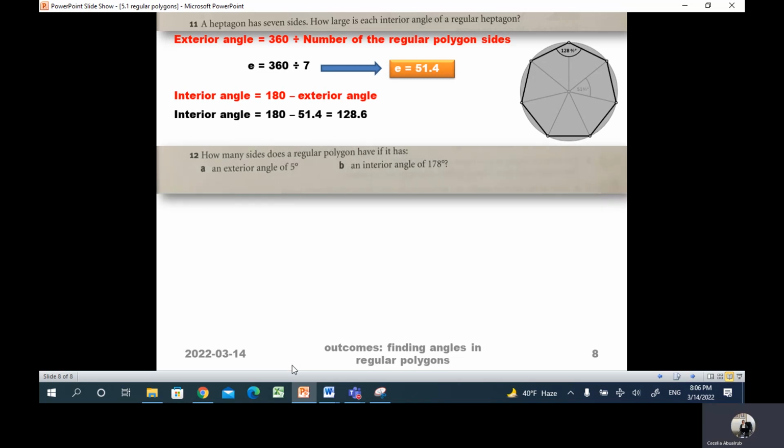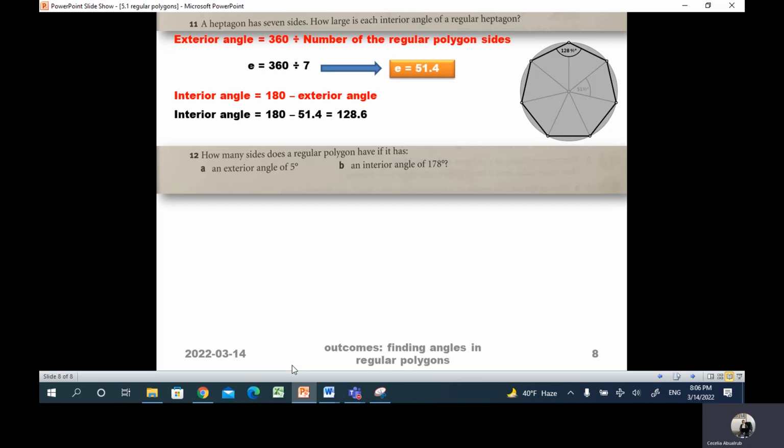Okay, how many sides does a regular polygon have if it has an exterior angle of 5? So regular polygon, it means that the 2 rules I know are applicable on this polygon regardless of the name of it or the size of it.